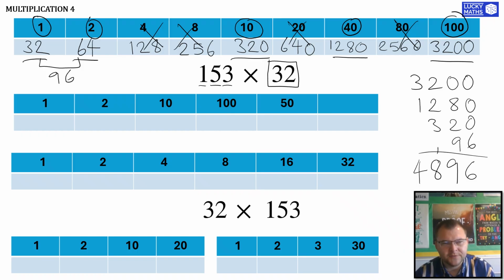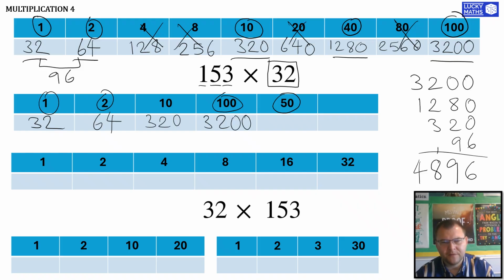So I'm going back to 153 lots of 32. By doing this way, we save a little bit of the work. 32 still doubles to make 64. But then if I get my 10 lots in, which is 320, I can times that by another 10 to get 3,200.